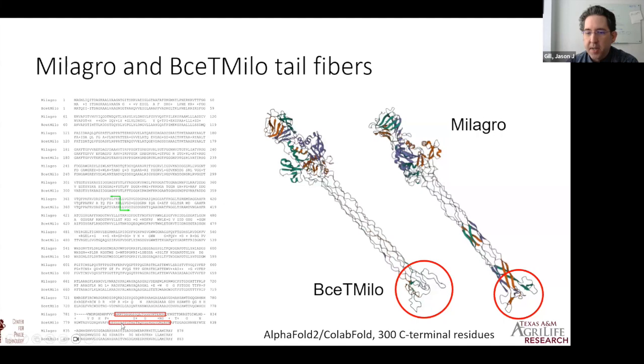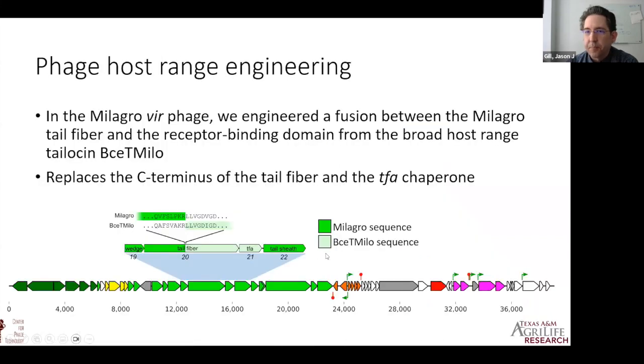The predicted receptor binding domains are these little red boxes, which are variable regions in this alignment, and that corresponds to the region that AlphaFold predicts would be the tail fiber tip in this structure. So we constructed this chimeric phage in the Milagro Vir background.